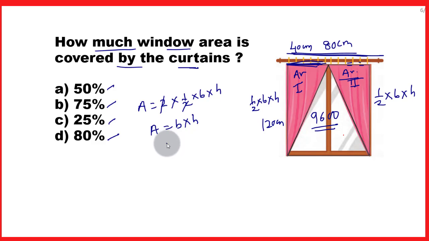So friends, the area of two curtains will be base into height, so this will be 40 centimeter into the height, that is the length, 120 centimeter.